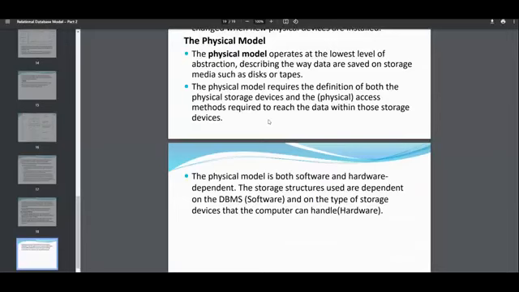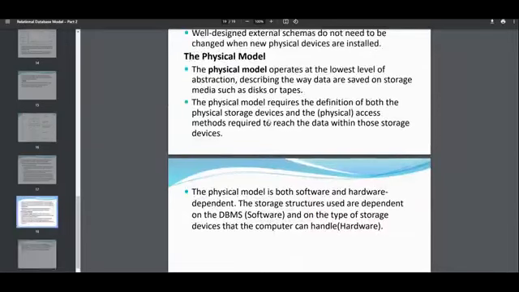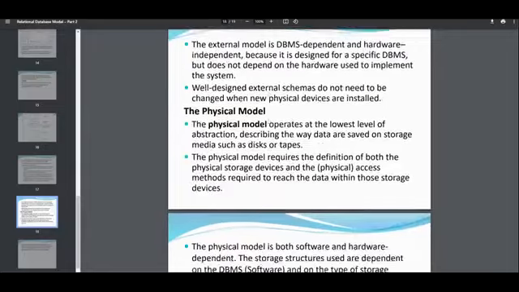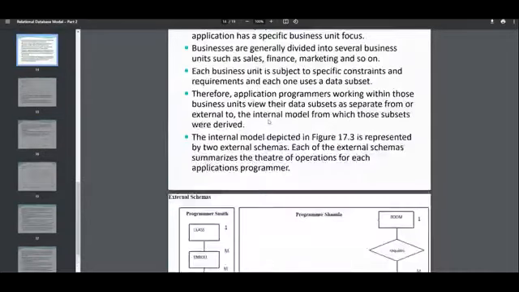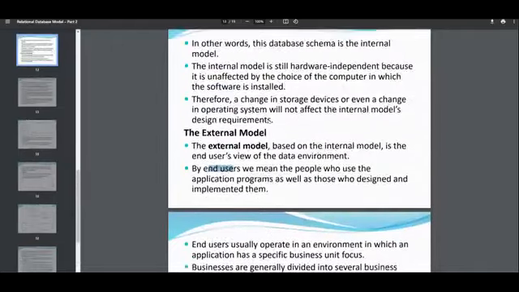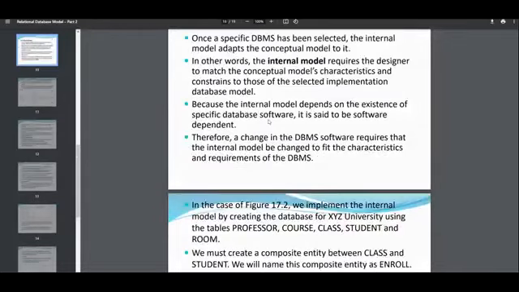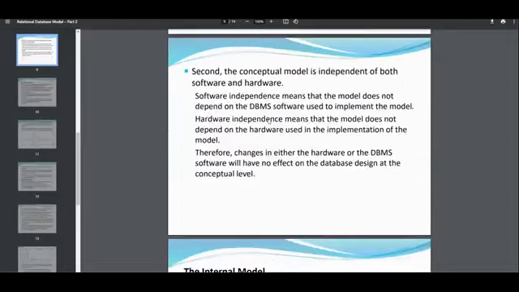Dependent on the database, so it would not produce as many benefits compared with the previous conceptual models we discussed. So software and hardware independent models are considered comparatively more beneficial than the others.